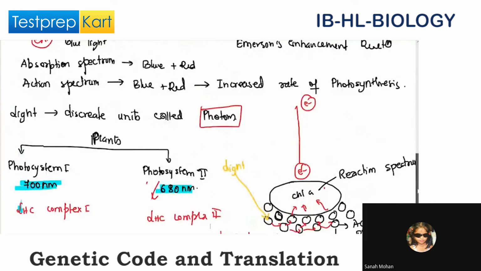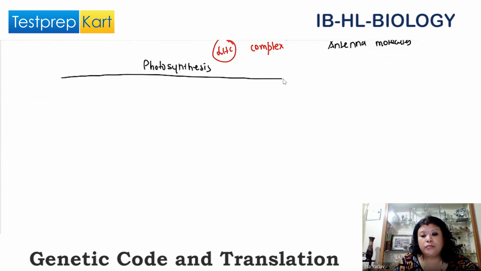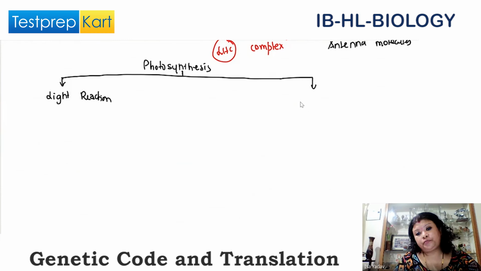So in photosynthesis, when we talk about the process of photosynthesis, photosynthesis is divided into light reaction and dark reaction. Light reaction and dark reaction.